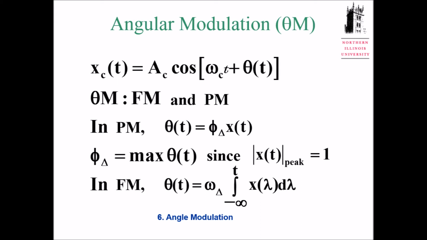If we play with A_C and keep omega_C and theta constant, it will be AM. If we keep A_C constant and play with the entire phase term, we call it angular modulation, and we have two members here, PM and FM.